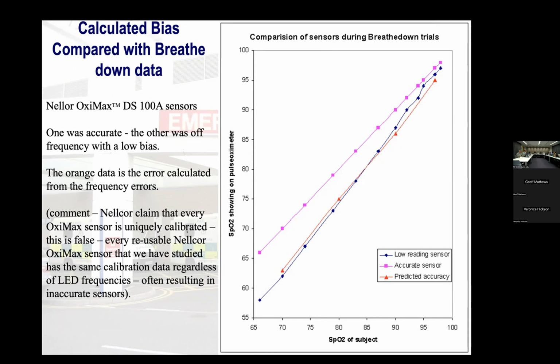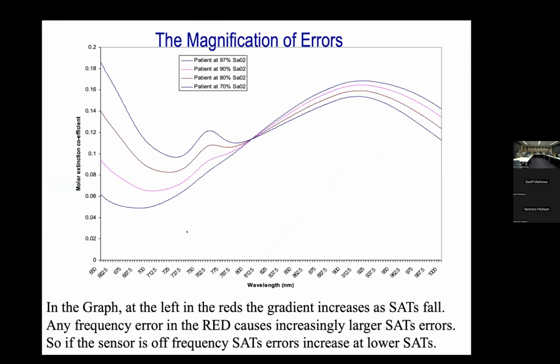Okay, next slide. So the magnification of errors, we've seen evidence of this in a few slides recently. The point is, for any fixed spectral error in the sensor, as the SATs fall, the impact on the SATs gets greater.